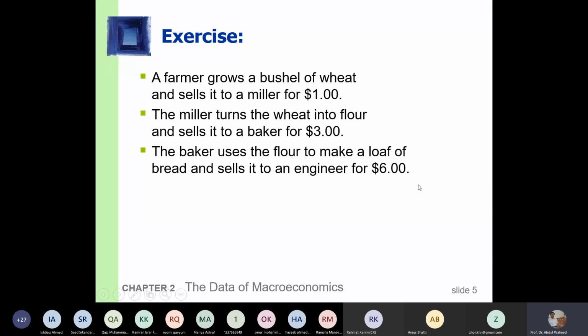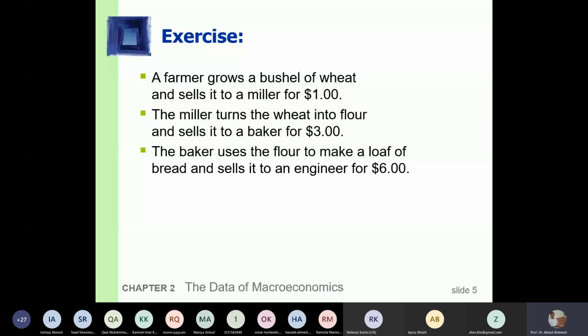And the final good is the bread, where the price is $6. So whether we add the price of all final goods and services, or we add the value added, we will come up with the same number. So GDP is also the sum of the value added at all stages of production.